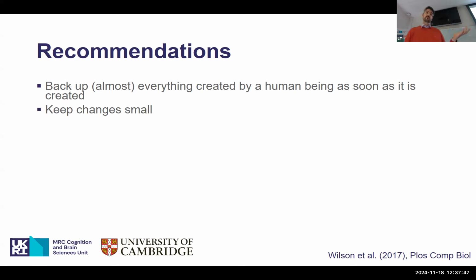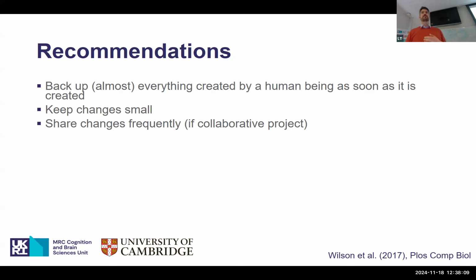Keep changes small. That's also important because it's easier to keep track of the changes if you name your changes in smaller increments, instead of doing a massive change, rewriting the entire project and just saying, okay, I just updated the file X, and then everything's changed. You might want to share your changes frequently if you are collaborating on a project with someone.